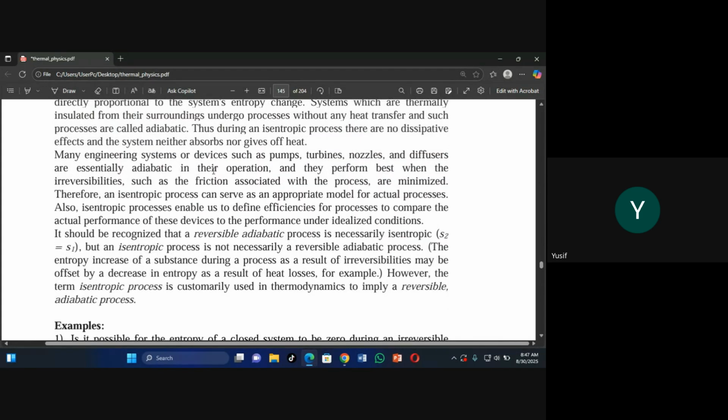Many engineering systems or devices such as pumps, turbines, nozzles, and diffusers are essentially adiabatic in their operation. If you are talking about turbines, nozzles or diffusers, they are adiabatic. Why? Because if you are using a nozzle or diffuser and you are applying heat to it, at the end of the day you might cause combustion.